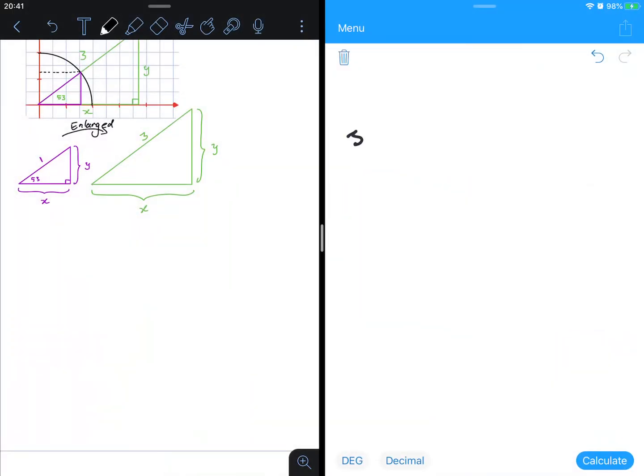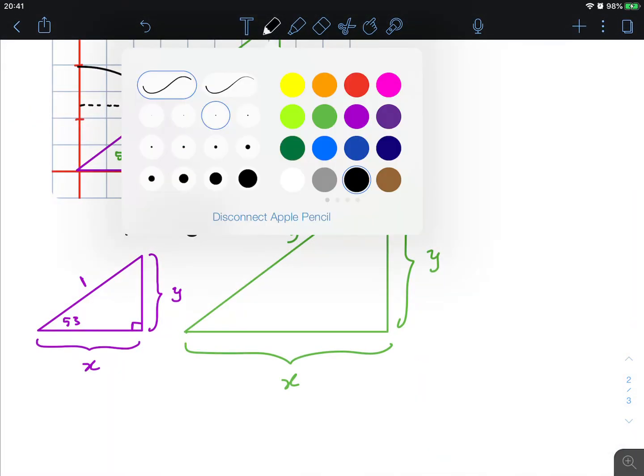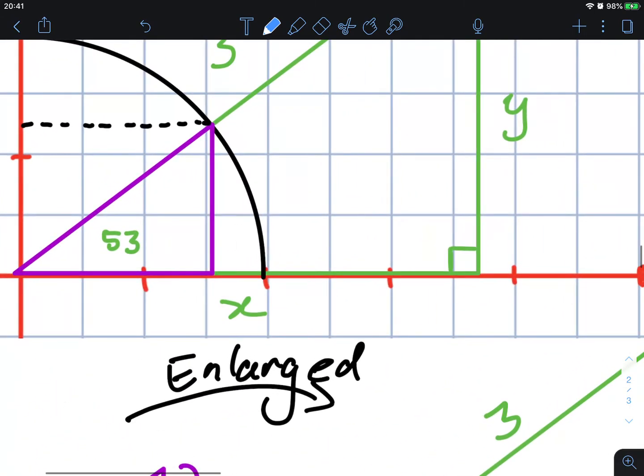Okay, so that's sine of 53. 0.798, so let's just say 0.8. So this y value is actually 0.8, and this coordinate here is actually something 0.8.